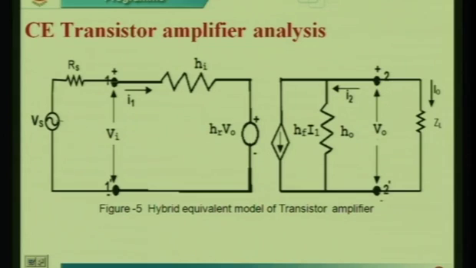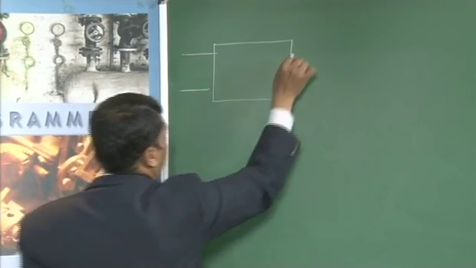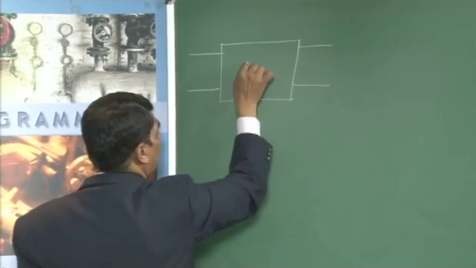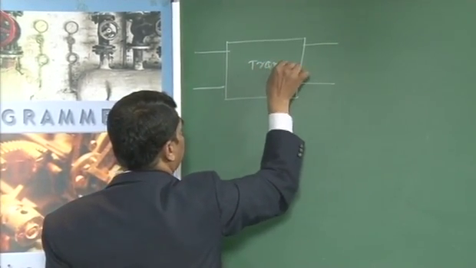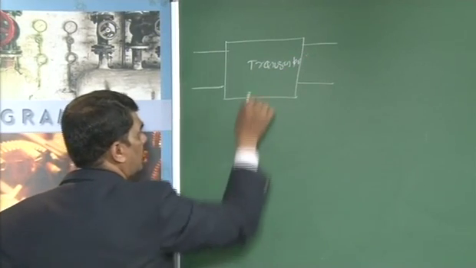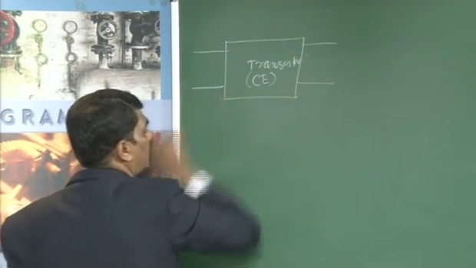Next, let us consider the common emitter transistor amplifier analysis. In a common emitter transistor amplifier, consider a linear network consisting of a transistor, normally used in the common emitter configuration.